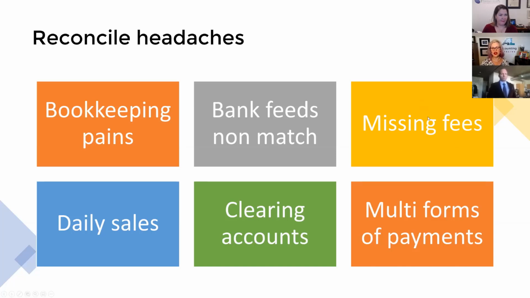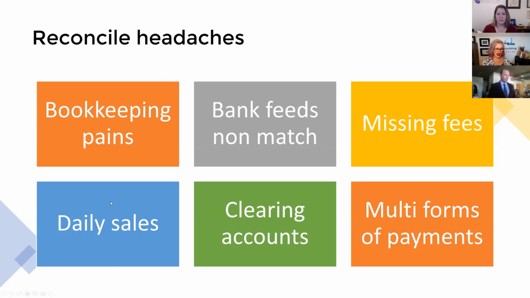Anytime that I'm doing the clearing account or using a system that doesn't have a good importing tool, sometimes you're missing those fees, and that's really hard to go back and search for. Shopify and Amazon are both really good examples of where it's really hard to go in and find your fees. And so you have to kind of go fish for those unless you've got a really good exporting tool to be able to get that out.